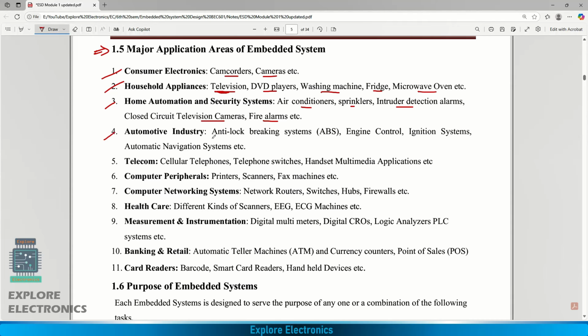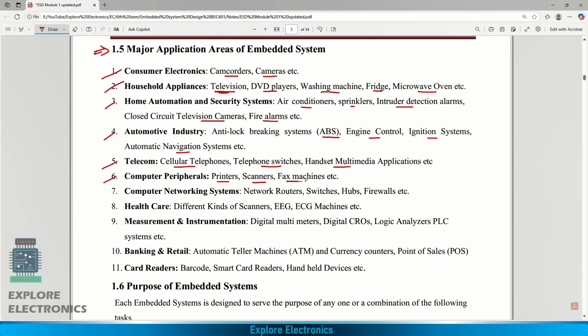Similarly, in the automotive industry, like ABS, anti-lock braking systems, to provide more security to the braking of the automobile. Similarly, engine control, ignition systems, navigation systems are examples. In the telecom sector, cellular phones, the earlier cellular phones I mentioned. Similarly, telephone switches, handset media applications. In computer peripherals like printers and scanners, they will do certain functionality only.